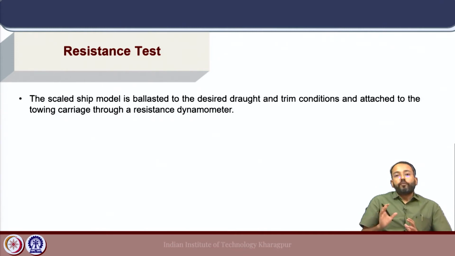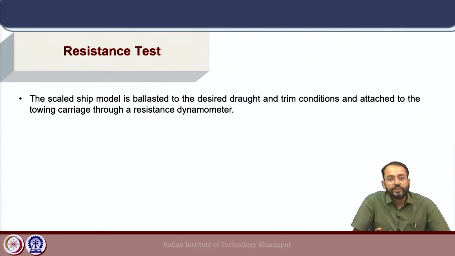So, for the propulsion tests, the background is the resistance test which is typically covered in a ship resistance course. I will just very briefly mention the basic aspects of a resistance test for the sake of completeness. In the resistance test, we use a scaled model of the ship, and that follows the standard Froude scaling procedures to get the speed in the model scale, and the ship is ballasted to the desired draft and trim conditions as per requirement.